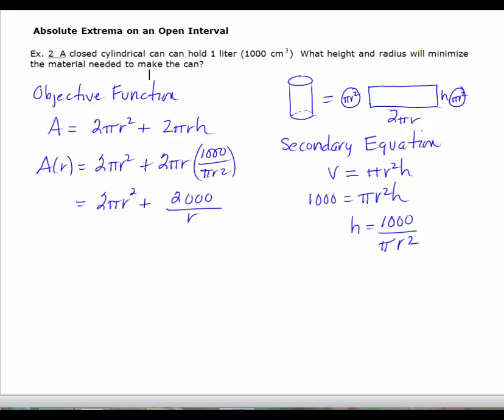Now I'm not going to combine these into one fraction yet. I do think it's easier to take the derivative first and then combine them into one when you're trying to find your critical values.